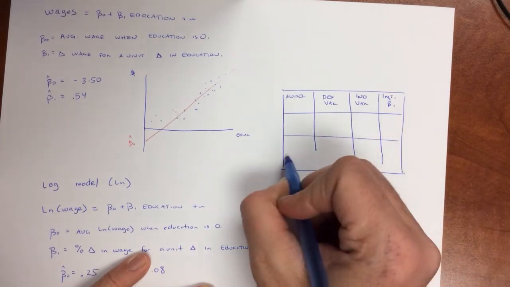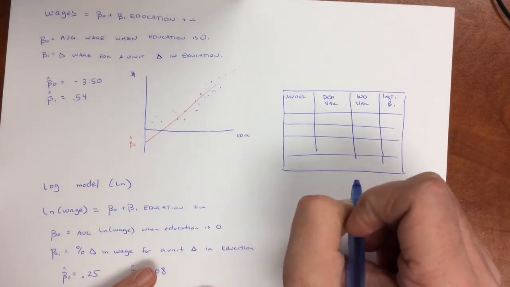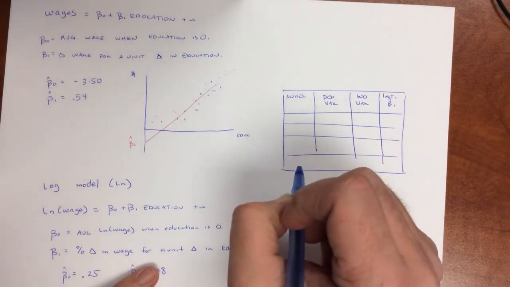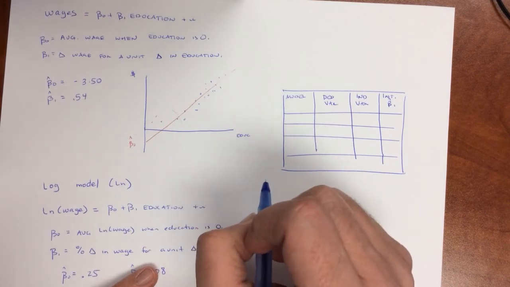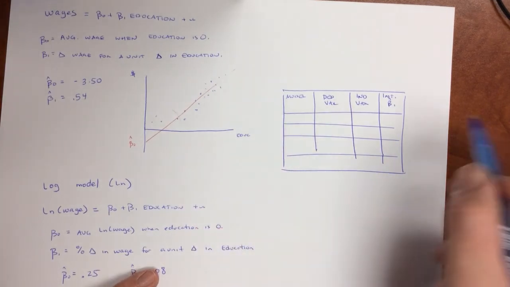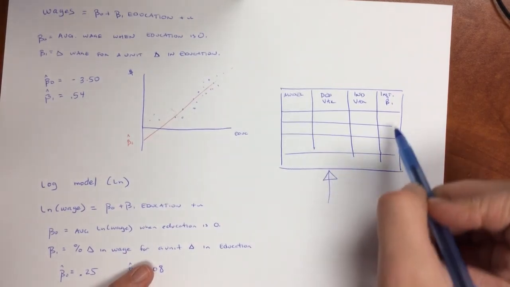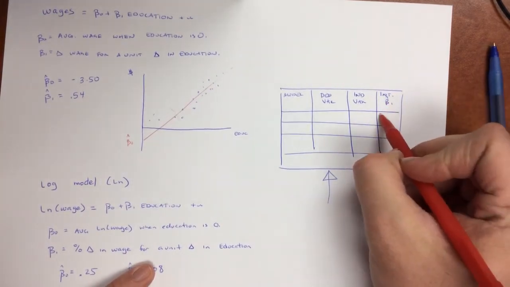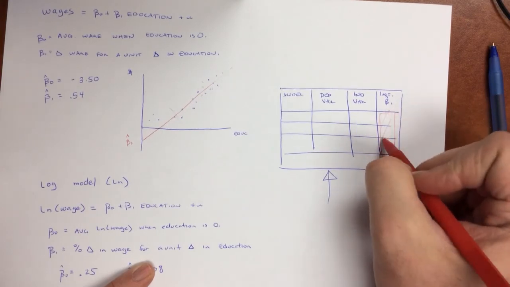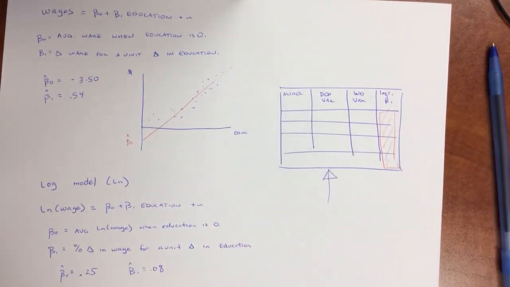And it goes through the 4 different models: level-level, level-log, log-level, and log-log. So I encourage you, check out this table, and it'll help you with the interpretation. This is the key of how we interpret beta naughts based on that table.